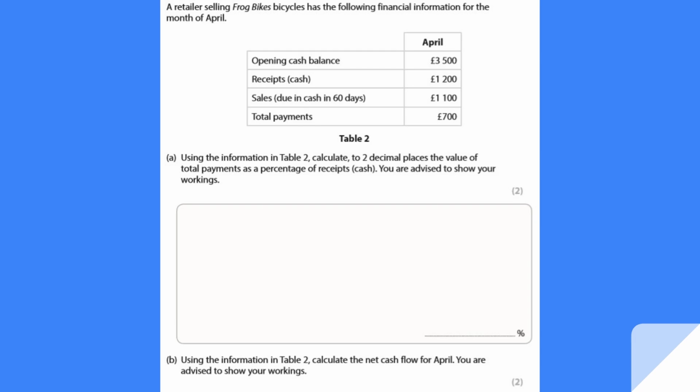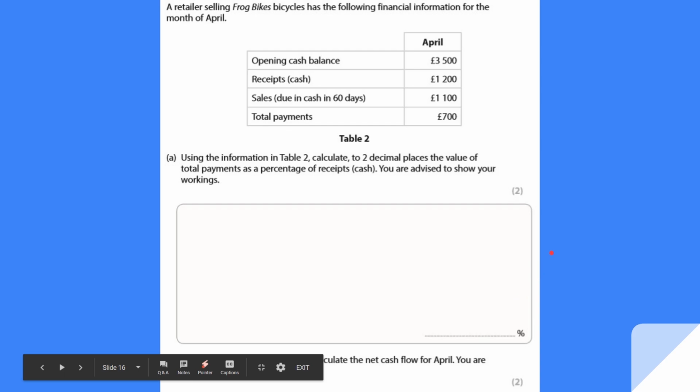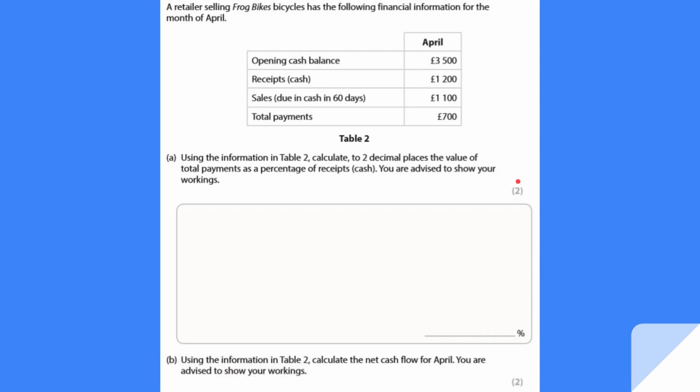So all we've got to do there is take that 700 and divide it by the receipts value. So 700 divided by the receipts value gives us 58.33%. Notice it says 2 decimal places, so make sure you put your answers down here.